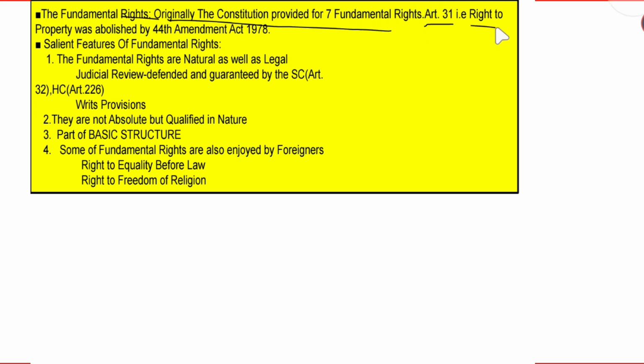Originally, the Constitution provided for 7 fundamental rights, but Article 31, the right to property, was abolished by the 44th Amendment Act 1978.